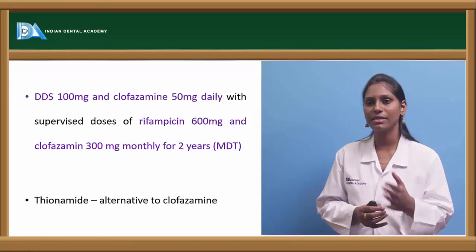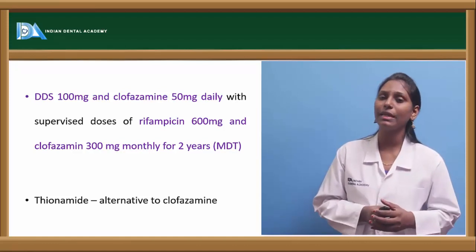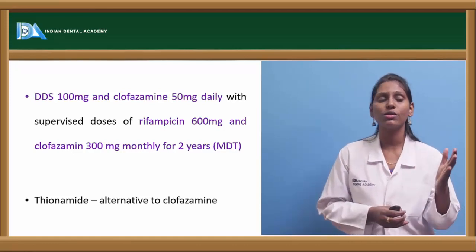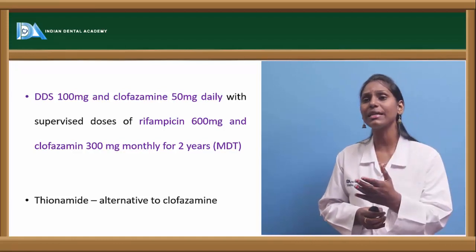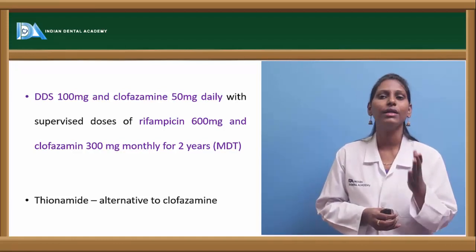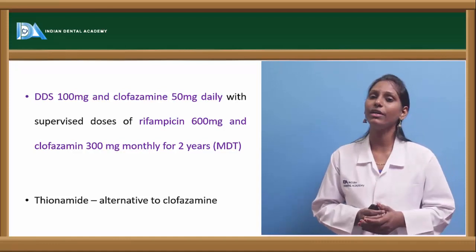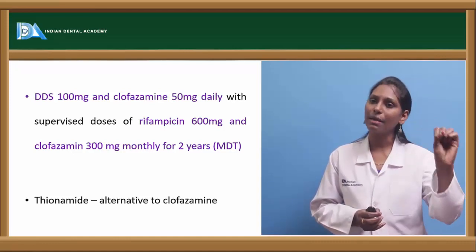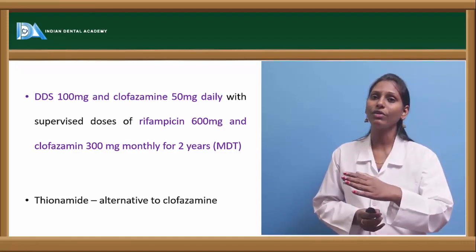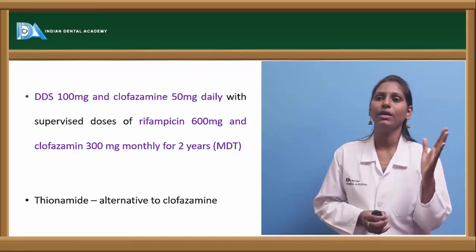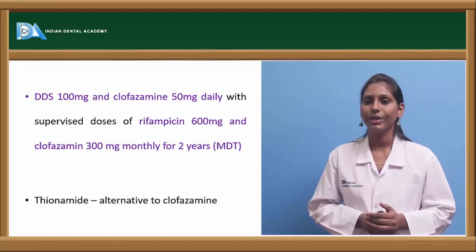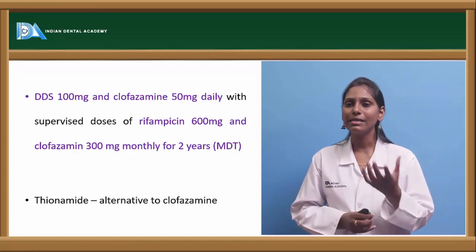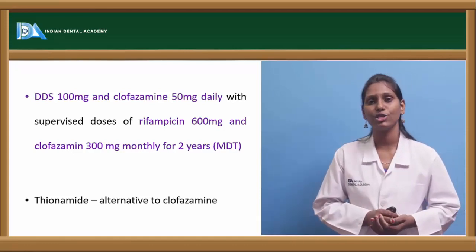Dapsone is given as 100 mg and clofazimine as 50 milligrams daily, with supervised monthly doses of rifampicin 600 milligrams and clofazimine 300 milligrams. So daily we give dapsone and clofazimine, and monthly we give rifampicin and clofazimine. This is given for about 2 years. This is your multi-drug therapy regimen.